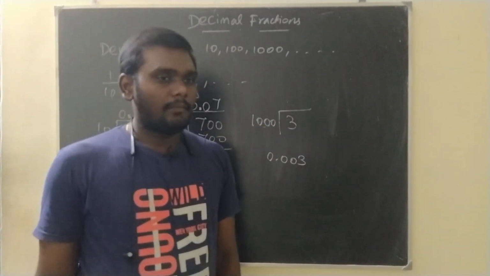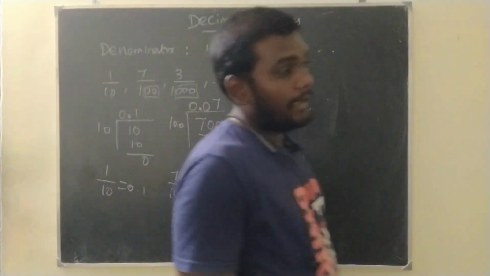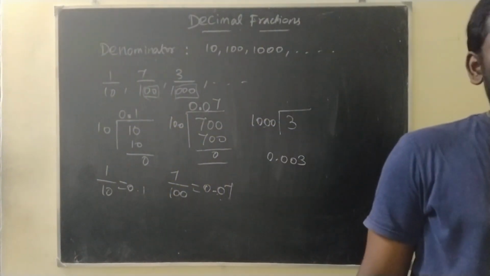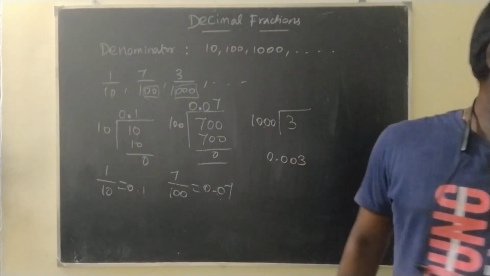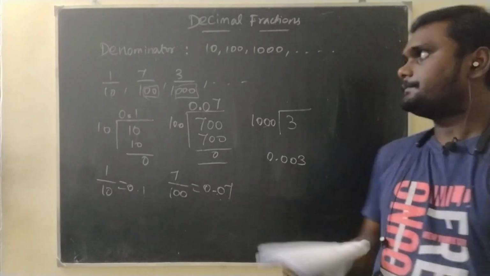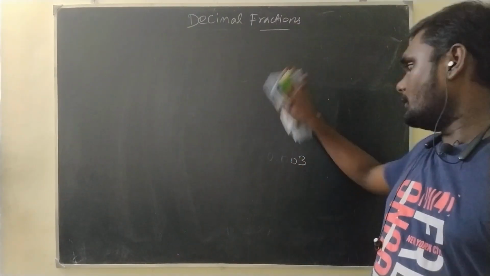So we are classifying these types of decimals as like decimals and unlike decimals. Okay. So what is like decimal? Have you understood this decimal fraction or not?